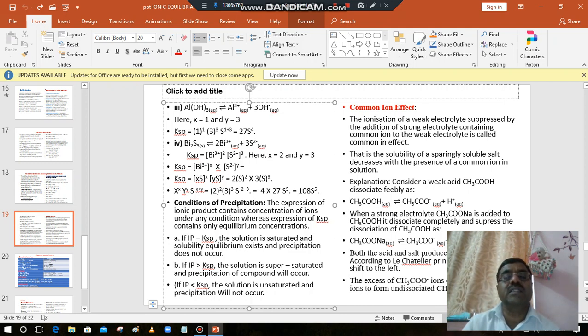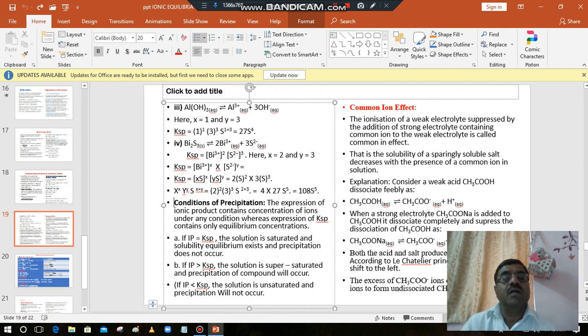You can see the textbook for the detailed explanation about the salts and their Ksp, how the values 27S^4 for Al(OH)3, and 108 S raised to 5 for salts like Bi2S3, are obtained.